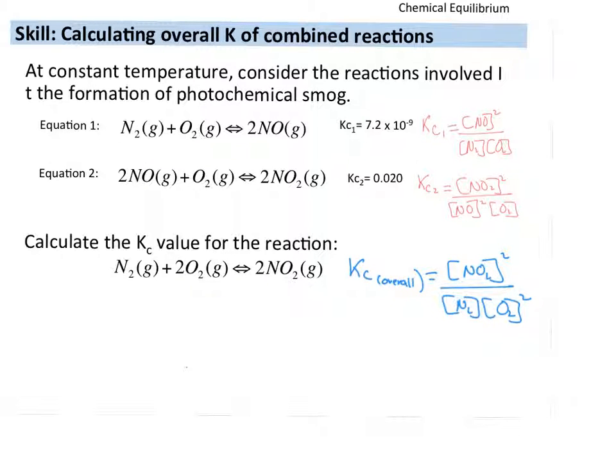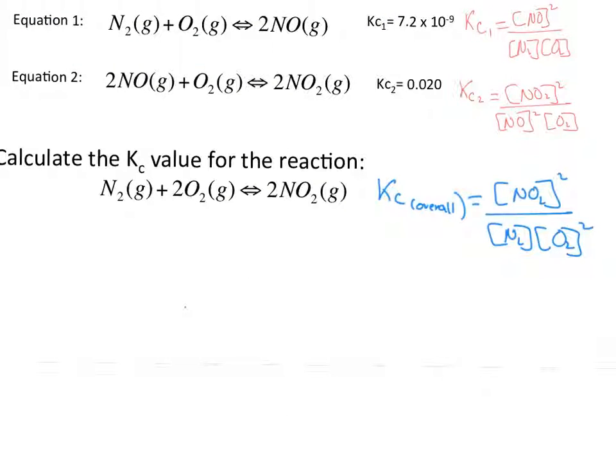Notice that if you look at the Kc overall, it's like we multiplied each individual Kc. Kc1 times Kc2 gives us the overall equation. So Kc overall equals Kc1 times Kc2.